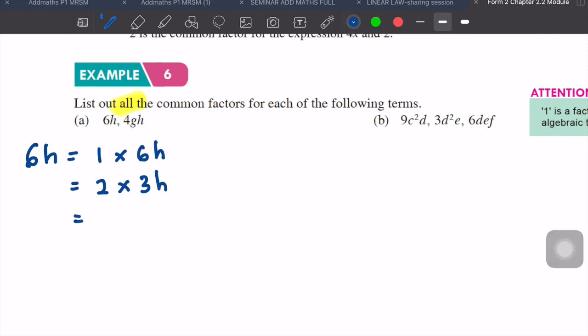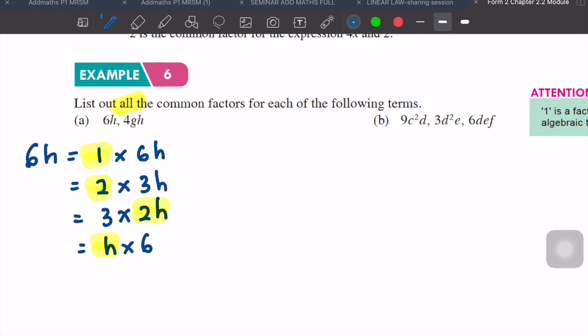You can also write 3 times 2h. Whatever it takes, the answer is 6h. Then you can also write h times 6, where h times 6 is 6h. So 1, 2, 3, h, 2h, 3h are factors. Any number that you multiply to get 6h is a factor of that expression.